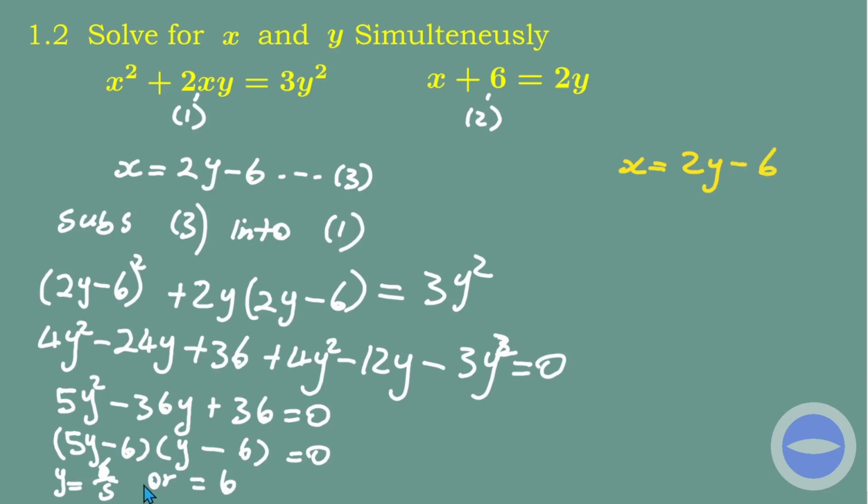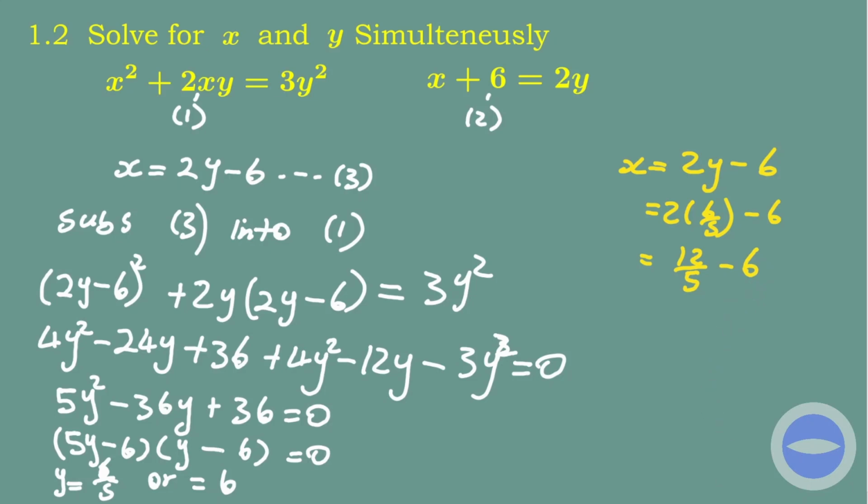I will start by substituting y equals 6 over 5. So here I will say 2 times 6 over 5 minus 6, which equals 12 over 5 minus 6.